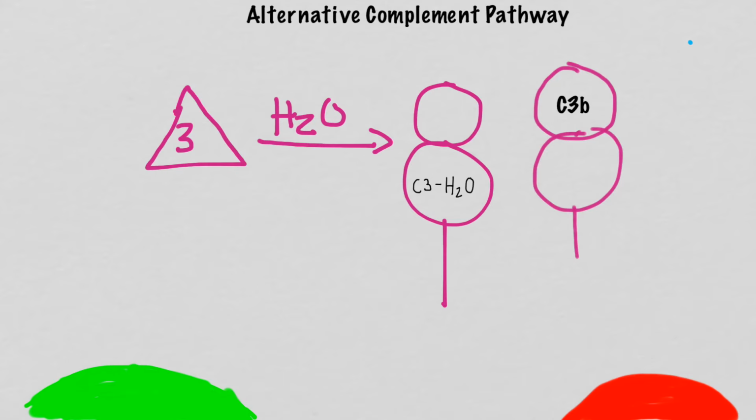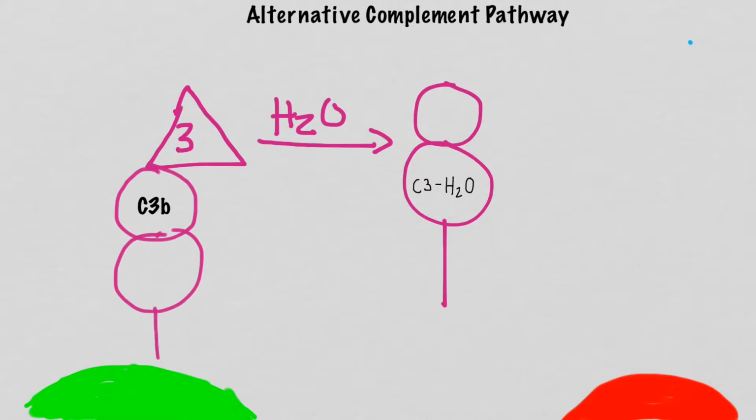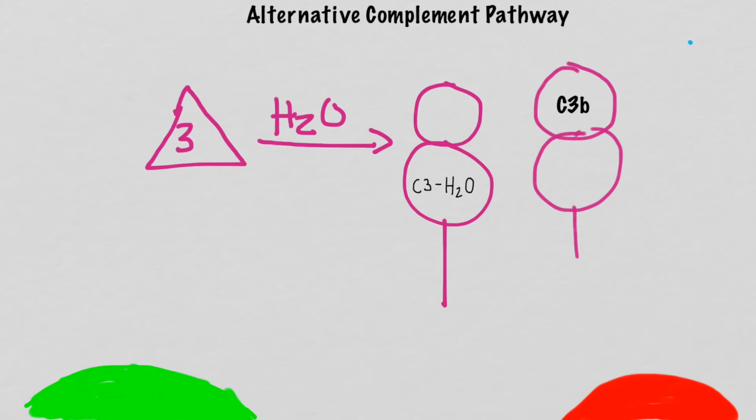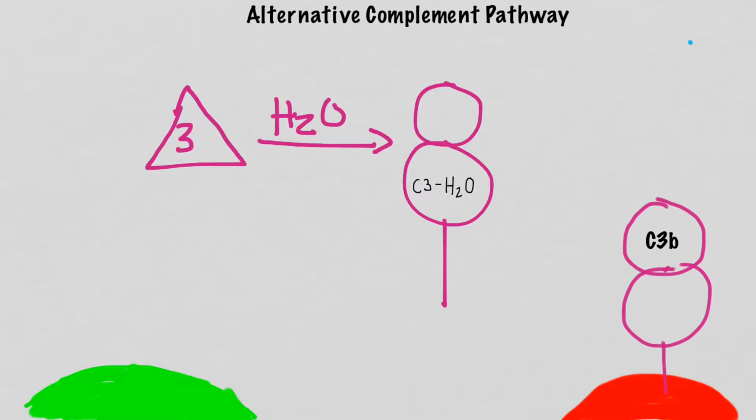There are activating surfaces, like pathogens, and there are inhibitory surfaces, like our own cells. So it turns out that if C3b lands on an activating surface, or C3H2O for that matter, you'll get the alternative complement pathway as I just laid out. Now, if instead C3b lands on one of your own cells, it will be stopped.